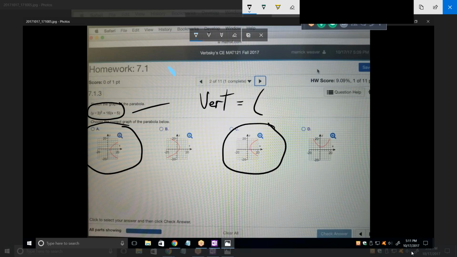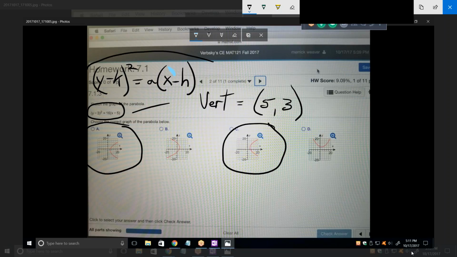The x-coordinate is 5, and the y-coordinate is 3. In other words, this is a sort of vertex format, just a different kind of vertex format. It's x equals a times (y minus k) squared plus h. That's vertex format for a horizontal parabola.